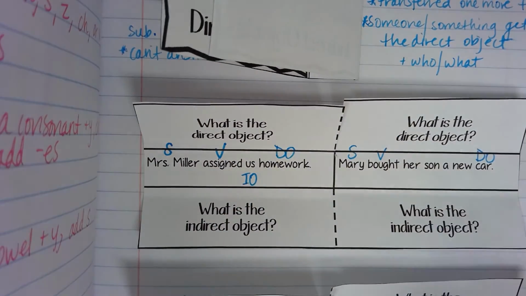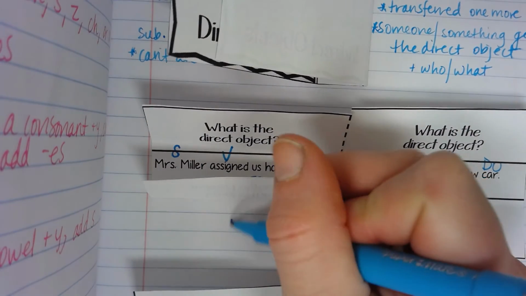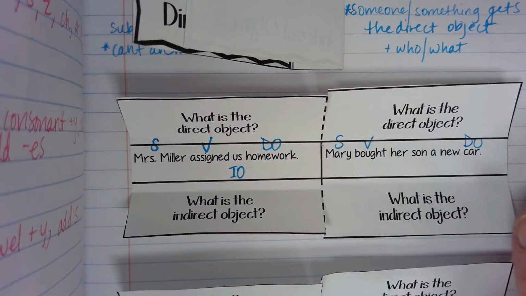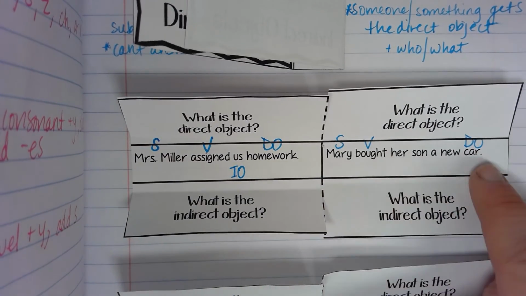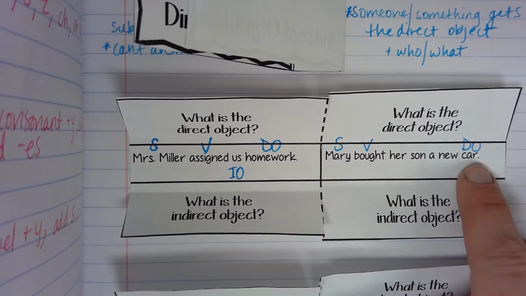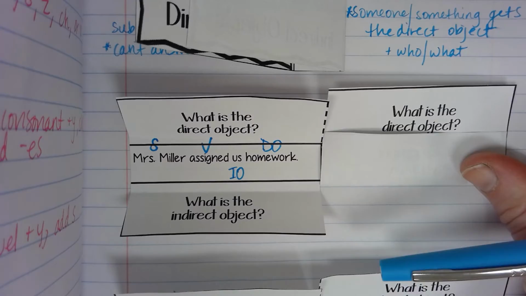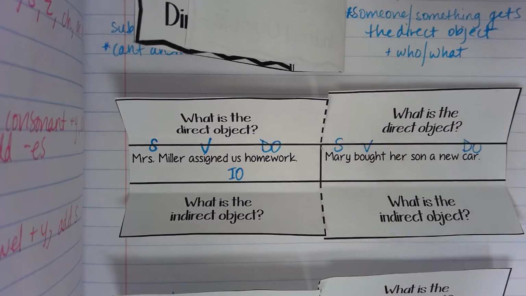Us. Okay, next one. Mary bought her son a new car. Mary bought car. Now who's receiving the car? Son. So son is actually our indirect object. Label that I-O. Okay. All right, so we're going to move on to our last two sentences.